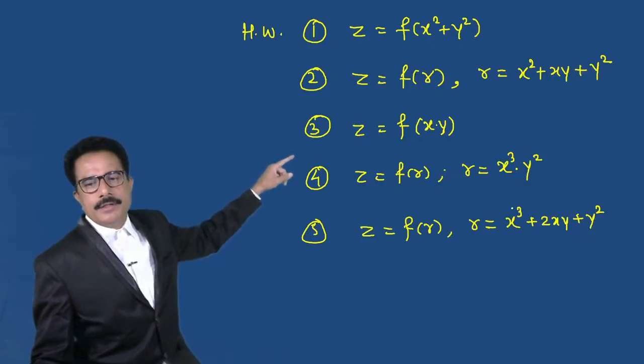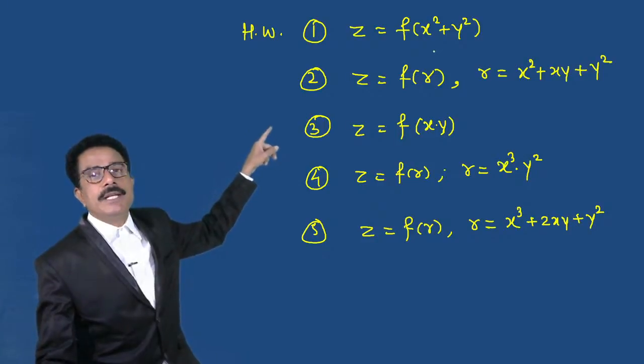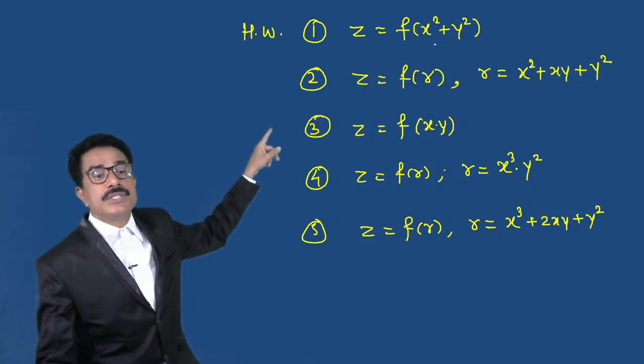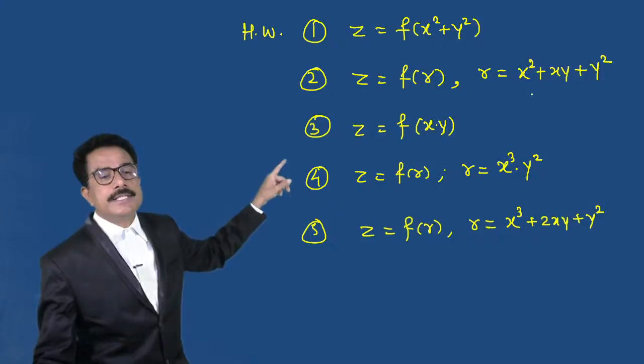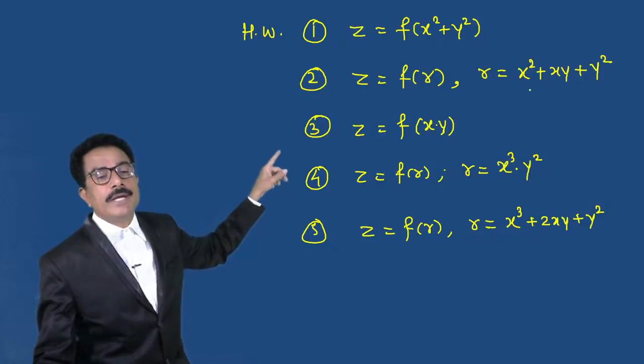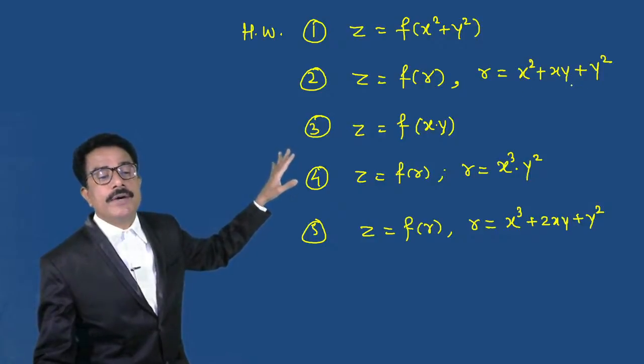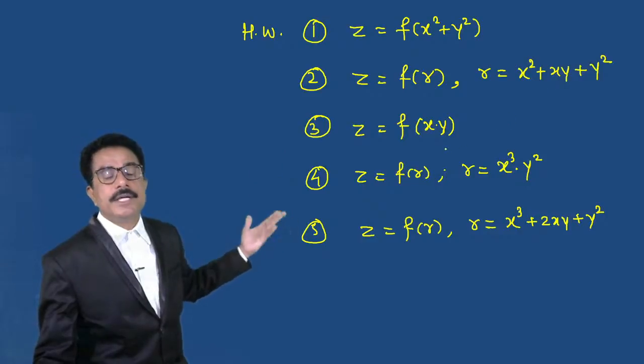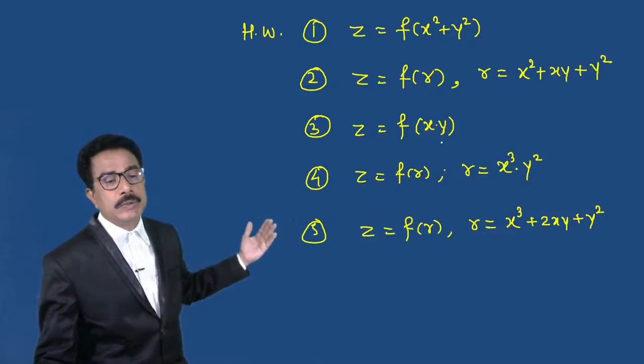In the first example we have given the function x square plus y square. This is a homogeneous function. In the second example r is also a homogeneous function of degree 2. Third is also a homogeneous function of degree 2.